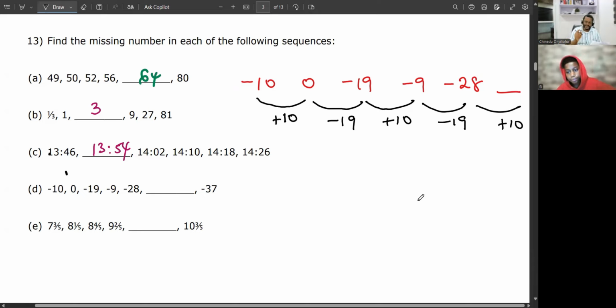No, not necessarily 18. It's minus 18. Oh, sorry. No, minus 18, because minus 28 plus 10 is actually minus 18. Because you can see the pattern: plus 10, minus 19, plus 10, minus 19, plus 10, right?